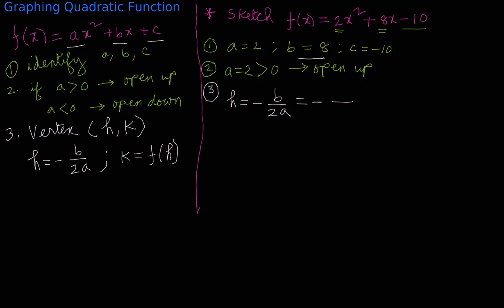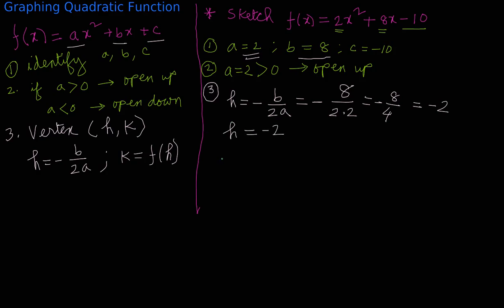My b is 8, and 2 is 2. My a is 2. So I got negative 8 over 4, so h is equal to negative 2.